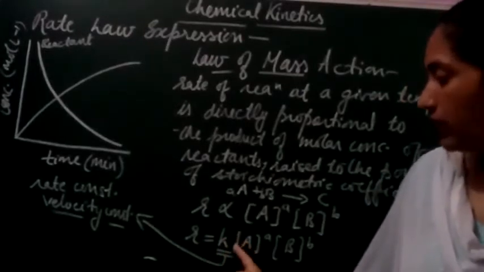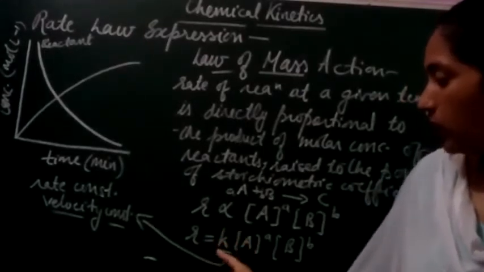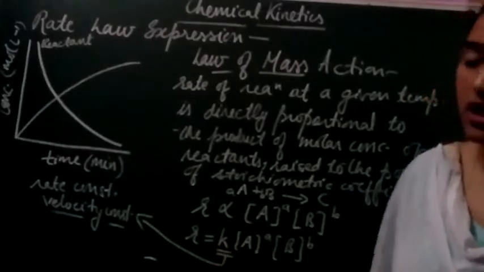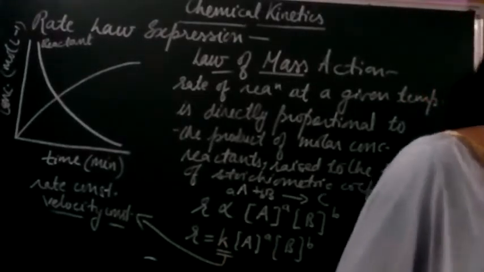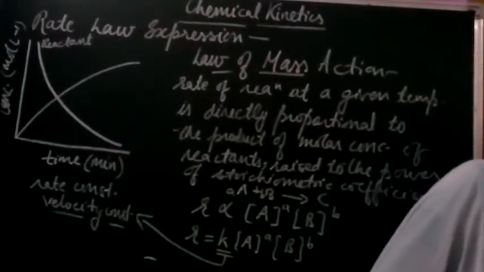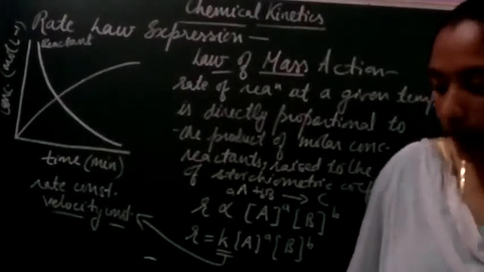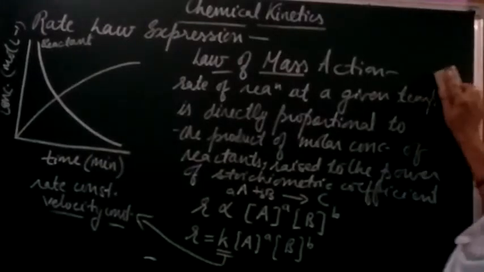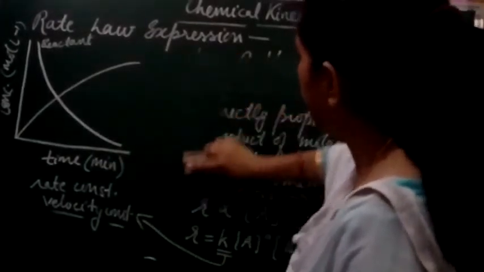Students, we will now discuss how we are going to define the k, that is, what is going to be the k, the rate constant, and how we define the rate constant.